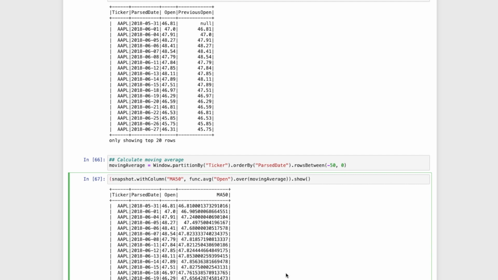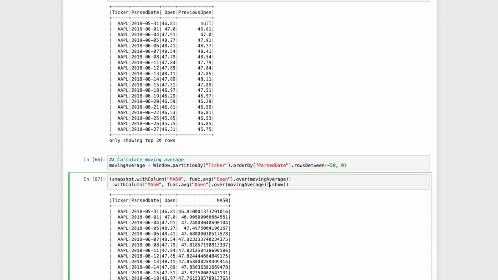I'm quickly going to create a chain operation, so I'm just going to copy paste this. Let's close out the bracket first. This time the function I want to use is called round, and I'm going to be rounding the column called MA50 because that's the column we created, to 2 digits.